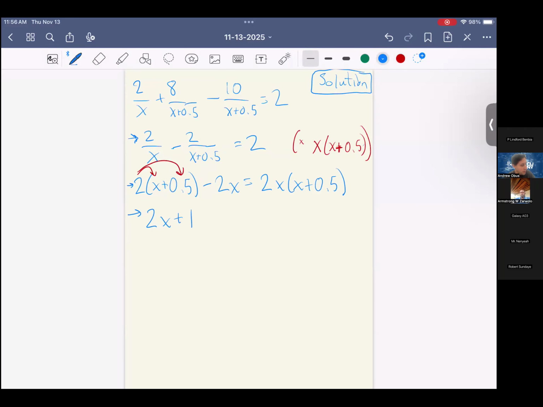So 2x plus 1 minus 2x equals, and now we do the same thing: 2x times x is 2x squared, and 2x times 0.5 is x. Nice, we have a 2x and a 2x that cancel each other out. If we move the 1 to the other side, 0 equals 2x squared plus x minus 1.